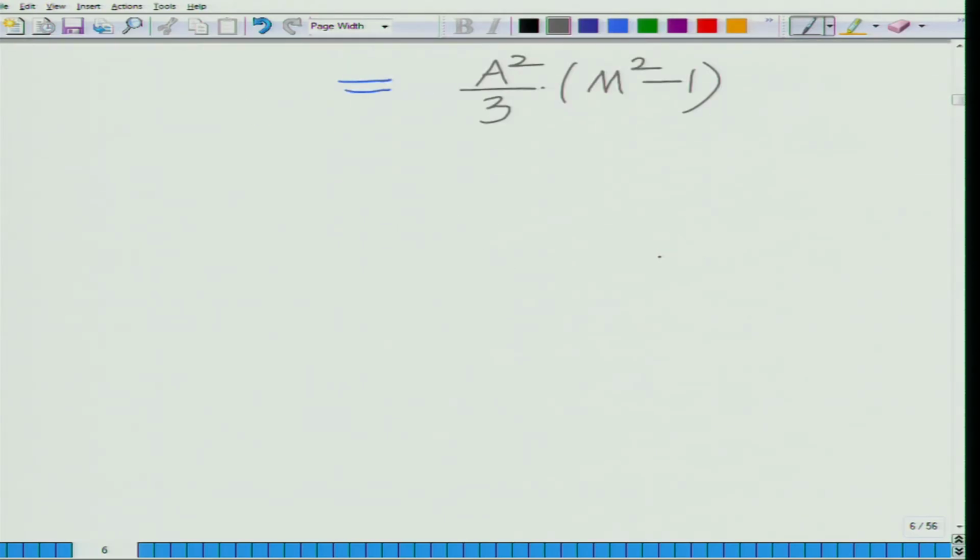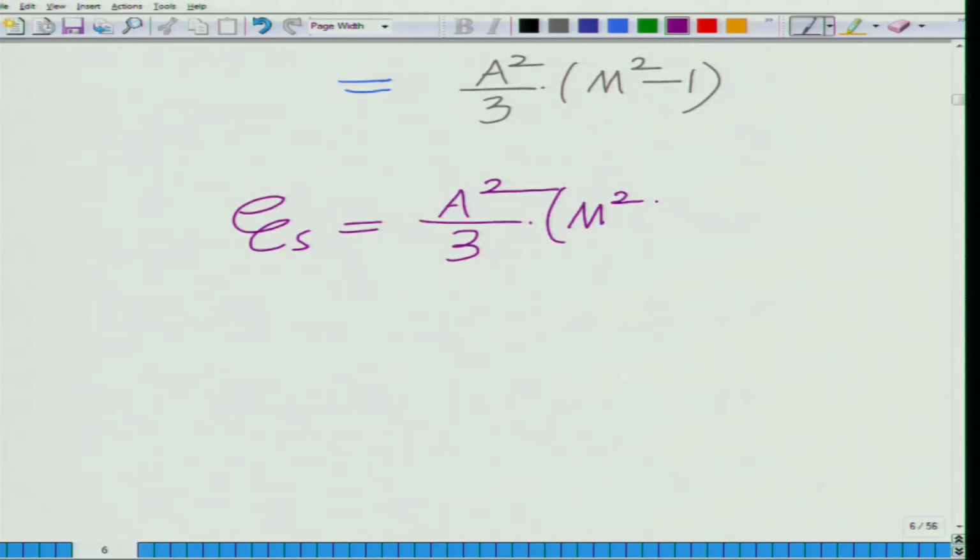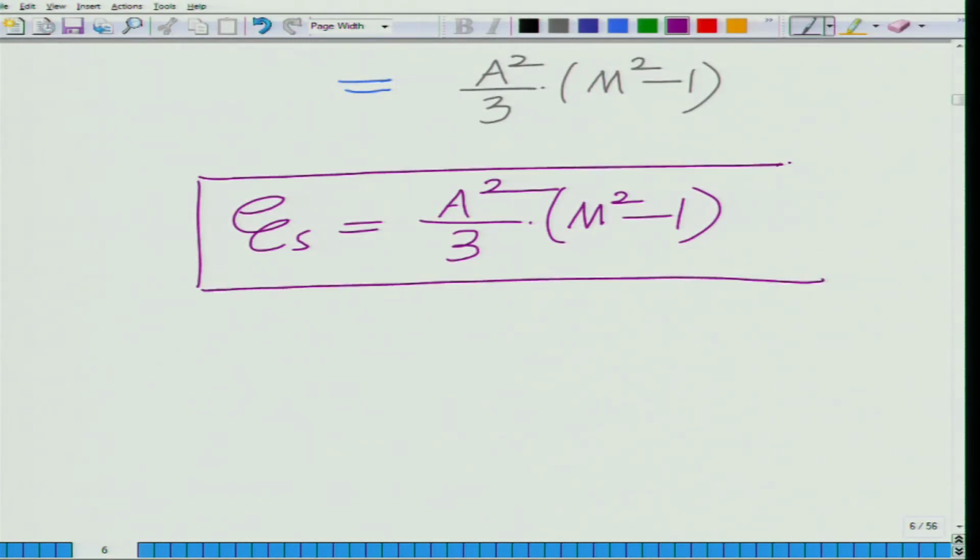So we have the final result that E_s, the average symbol energy as a function of a and M, is a squared by 3 times (M squared minus 1).